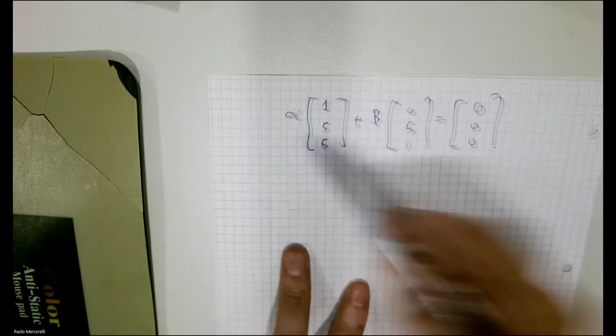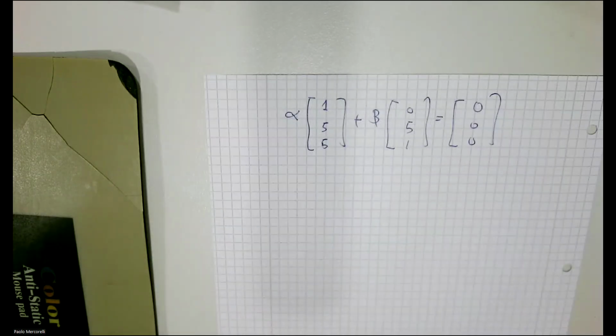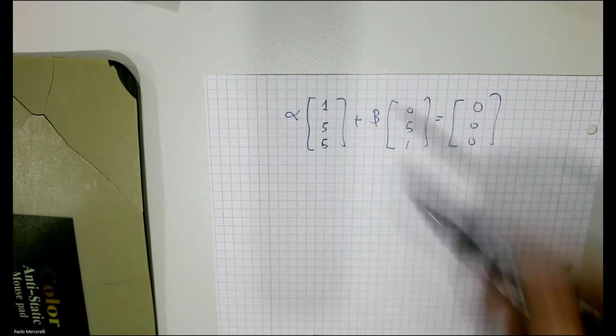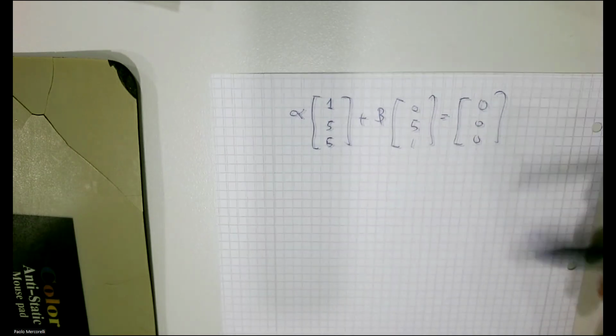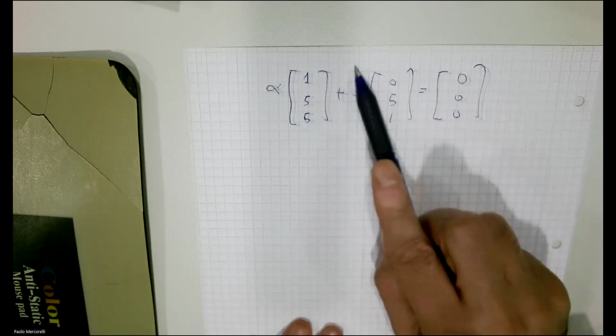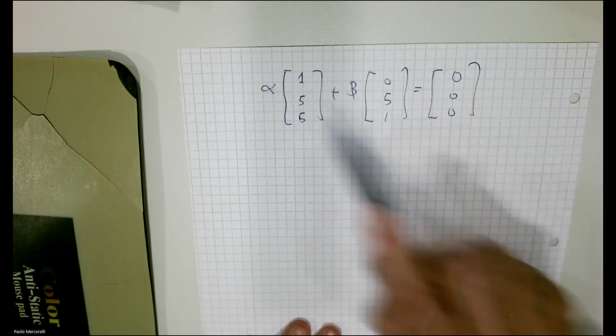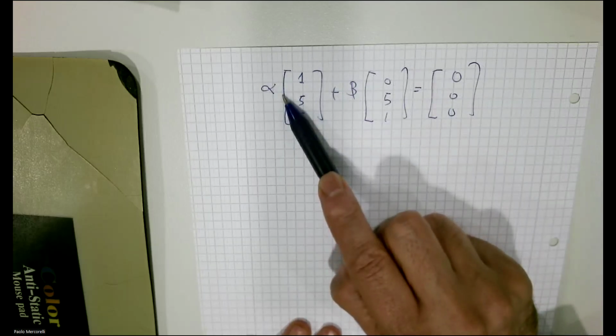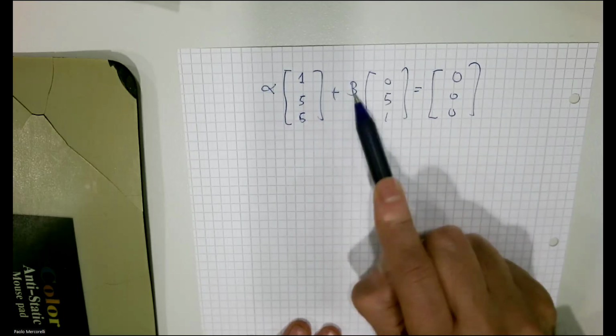I like to write in column form, but you can write everything in row form, because the sum between two rows respects the same rule as the sum of two columns. But here we have a more compact expression. This exercise you can do at home. You will realize that alpha equals beta equals 0.